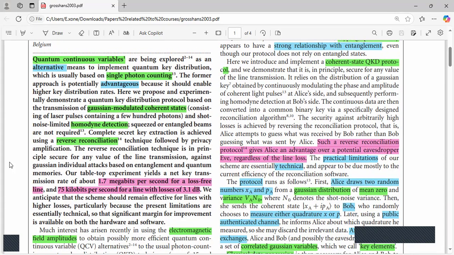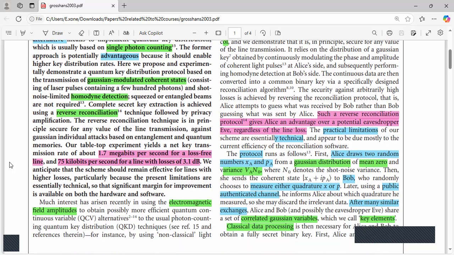They used mainly two components to complete the whole process. The first one is the Gaussian modulated coherent state, and the detection system is homodyne detection.